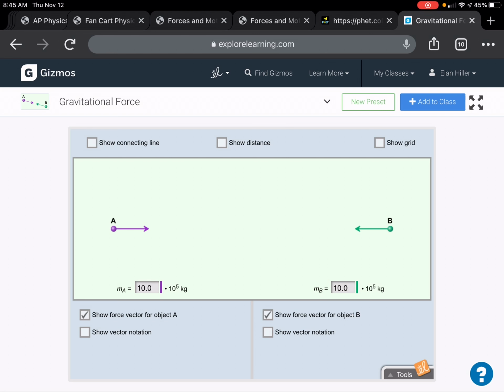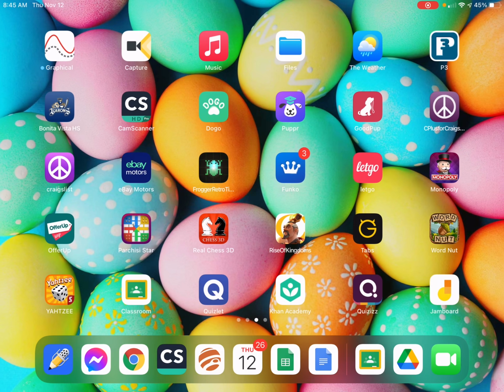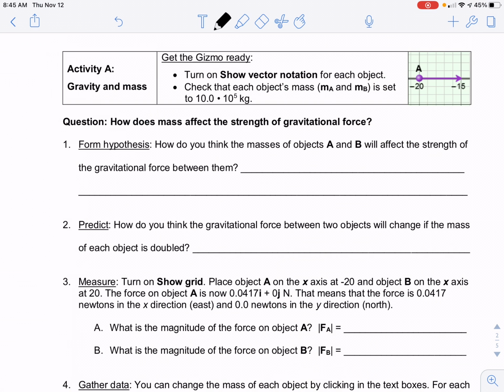Let's take a look at the directions for Activity A. Turn on Show Vector Notation for each object. Check that the object's mass, MA and MB, is set to 10 times 10 to the 5 kilograms. Now, 10 times 10 to the 5 kilograms is really 1 million kilograms, but we're going to focus on changing the mass in terms of factors of 10.